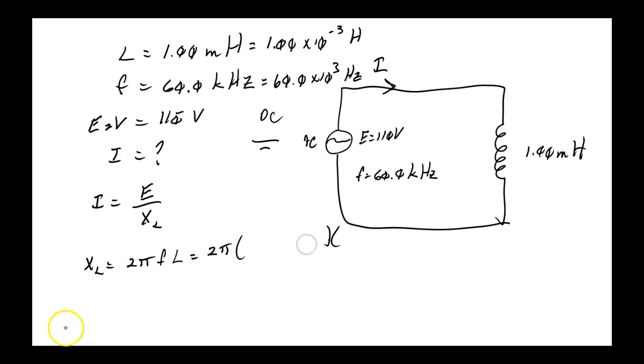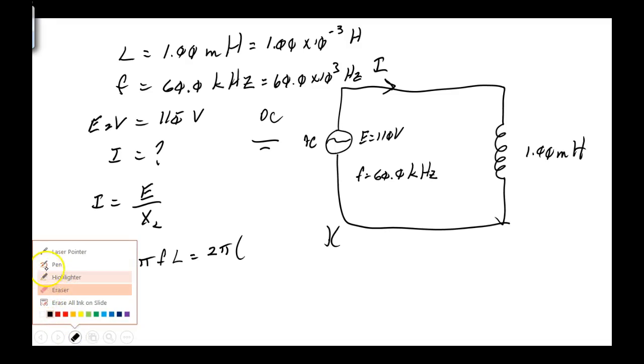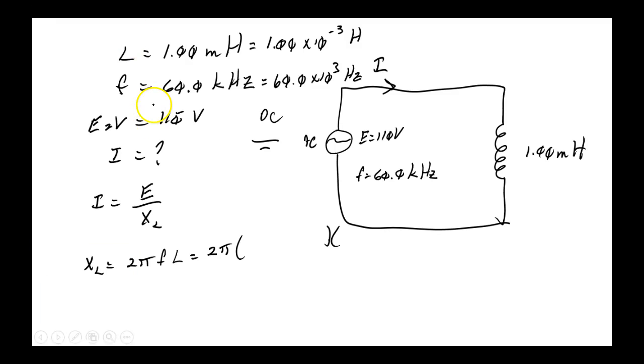I started to put HZ, and I thought, where's my Z here? The frequency is 60 times 10 to the third hertz. Now, this isn't scientific notation, but I'm writing it the same way they do. Times the L, which is your inductance, 1.00 times 10 to the minus 3 henries. That's going to be our inductive reactance. I got it right that time.